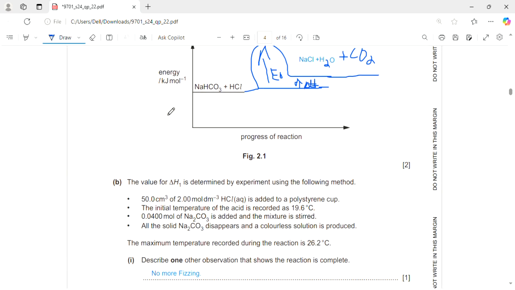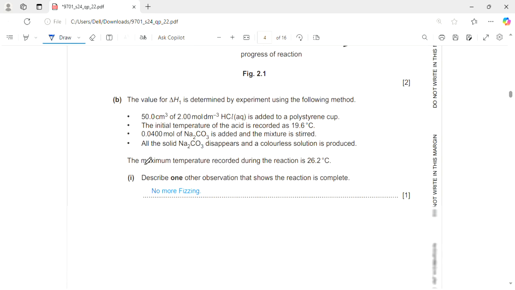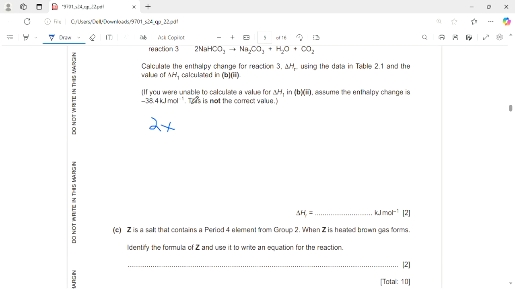So 2 multiplied by 27.2 minus the value of the delta H1, which is minus 34.5.